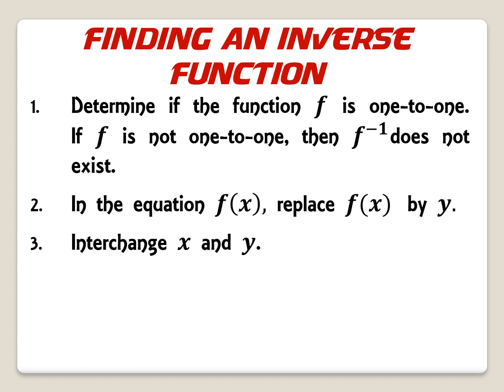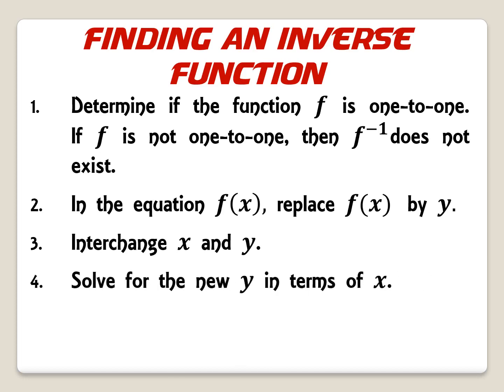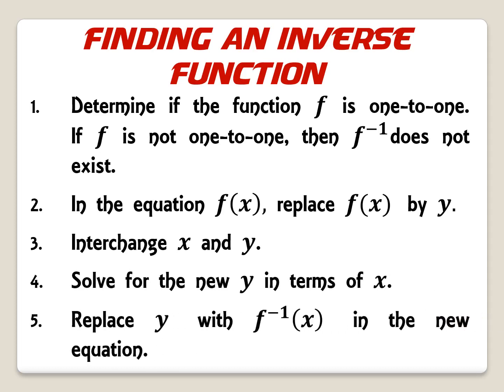The third step is to interchange x and y. X will become y and y will become x. Four, you have to solve for the new y in terms of x. And lastly, you replace y with the symbol of the inverse function, f of negative 1. Again, you read this one as the inverse function in the new equation.